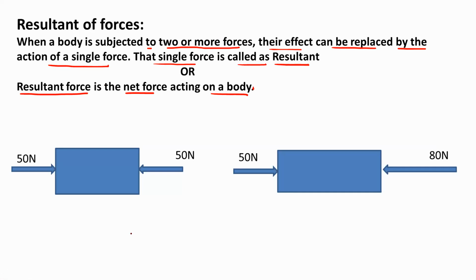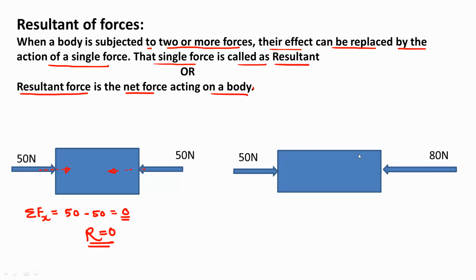So in the first diagram, you can observe we have two forces. One is 50 Newton acting towards the positive x direction. The second force is also 50 Newton acting towards the negative x direction. So in the first diagram, what is the value of the net force acting on the given object? In the second diagram, we have two forces. One is 50 Newton in the positive x direction. The second is 80 Newton in the negative x direction. Okay. So in this case, there is one net force or resultant force acting on the system.